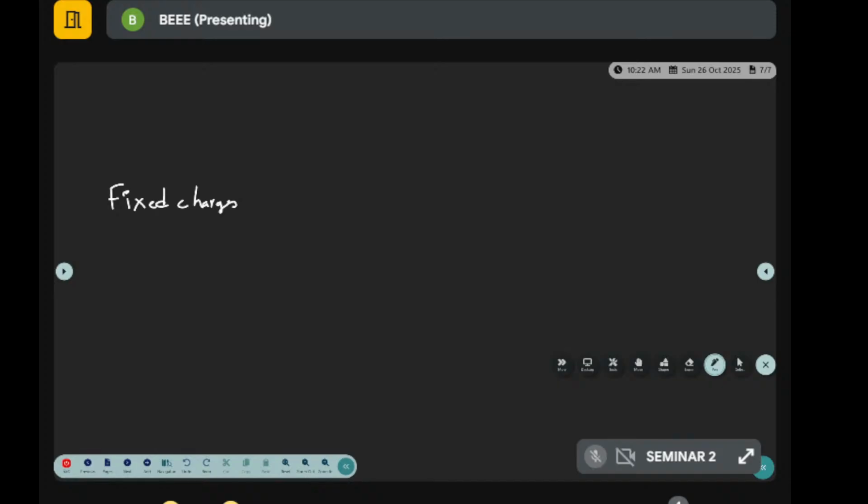One is called fixed charges, or you can say consumer charges. This is around 100 rupees. Why? Because, for example, for 1 month your house is locked.